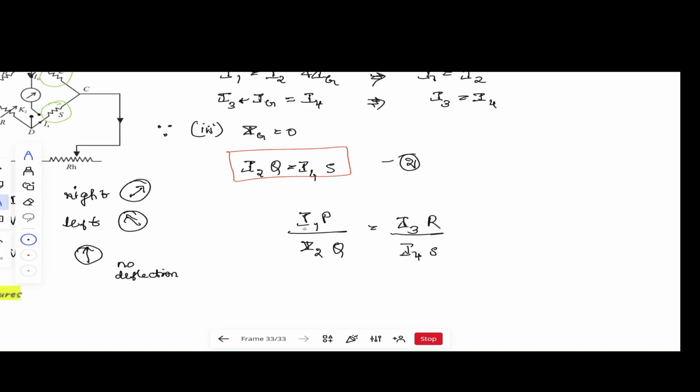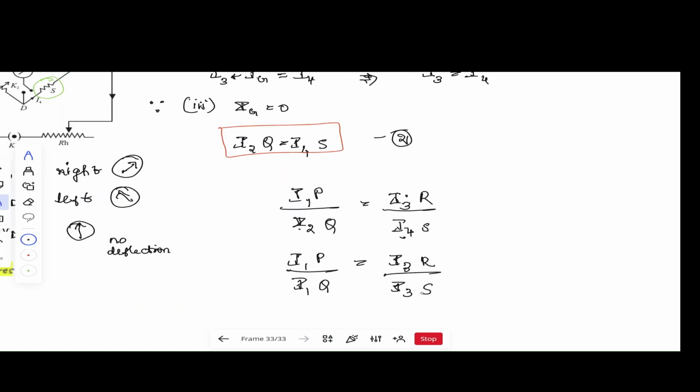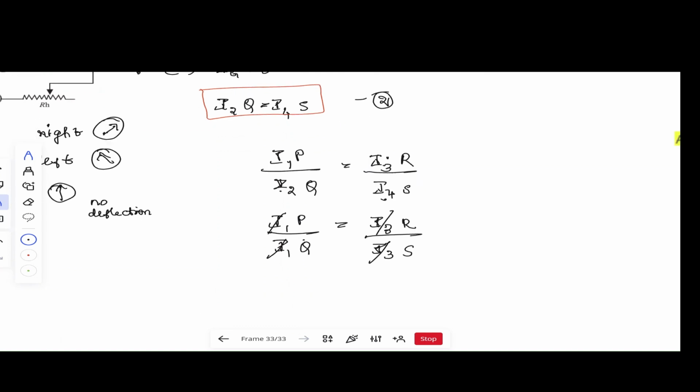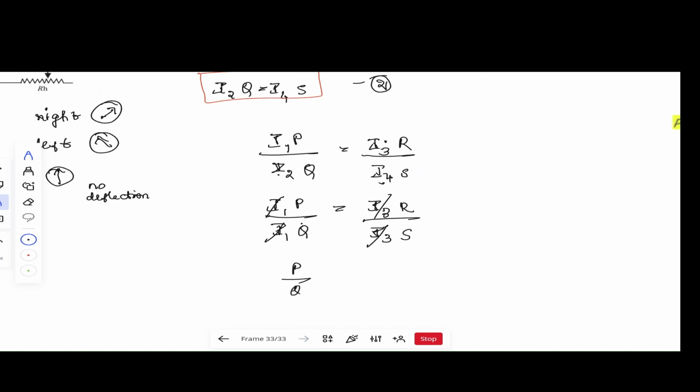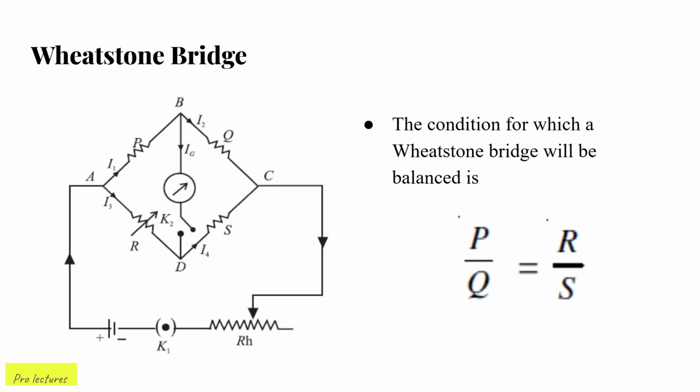But I1 is equal to I2, and I3 is equal to I4. So P by Q is equal to R by S. This is the condition for which a Wheatstone bridge will be balanced.